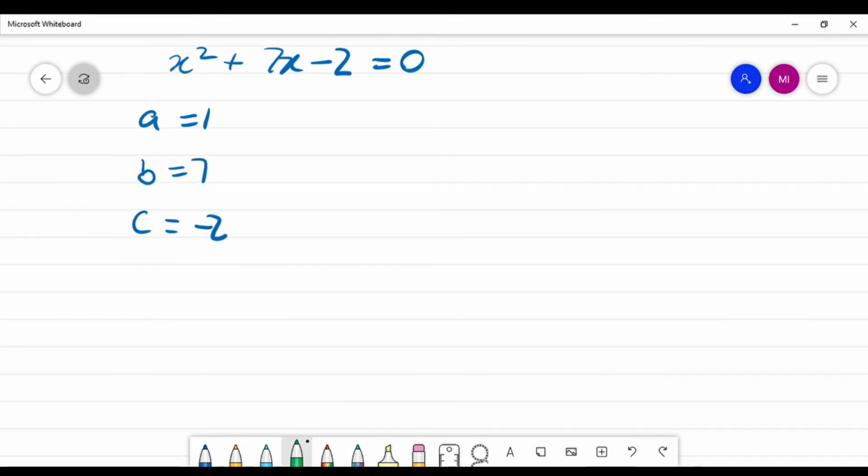And our quadratic formula is x is equal to negative b plus minus under root of b squared minus 4ac divided by 2a.